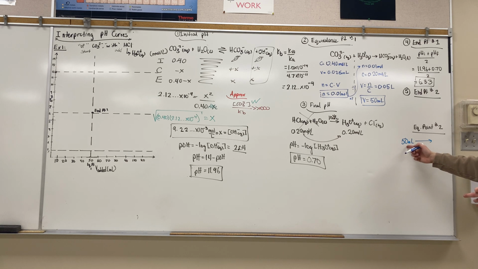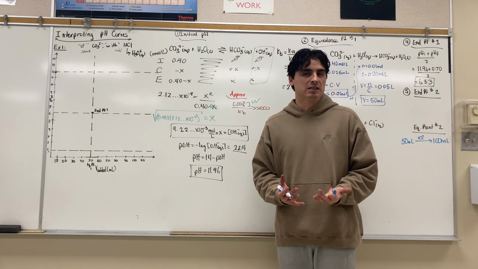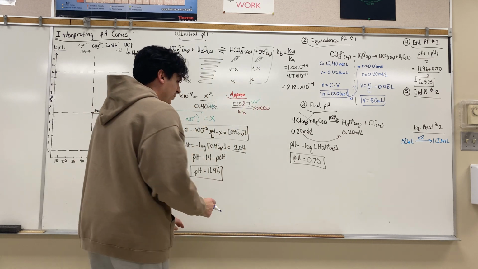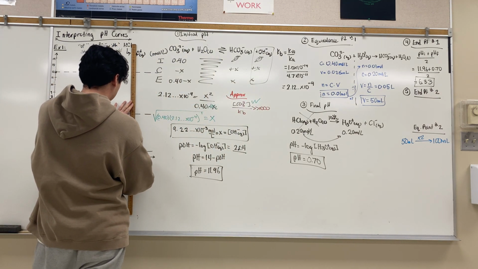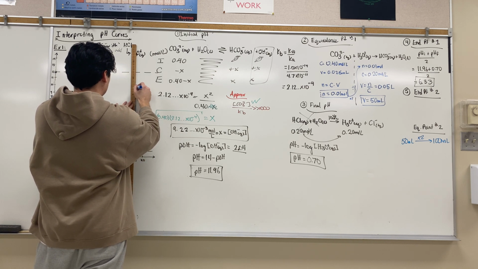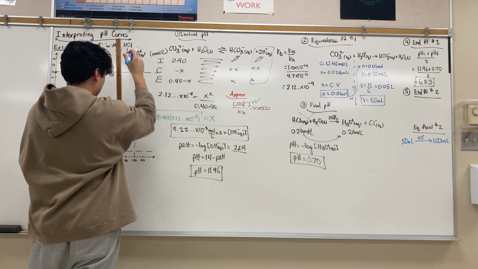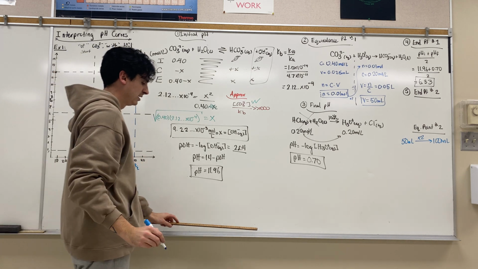So all we do is take our first equivalence point and double it to get 100. Again, it might not be exact, but it's as close as we need to be. So it's an approximation. Our first equivalence point was 50, which means everything is going to be gone at double that, which is 100. So I go over to 100, draw my line, and mark equivalence point 2.